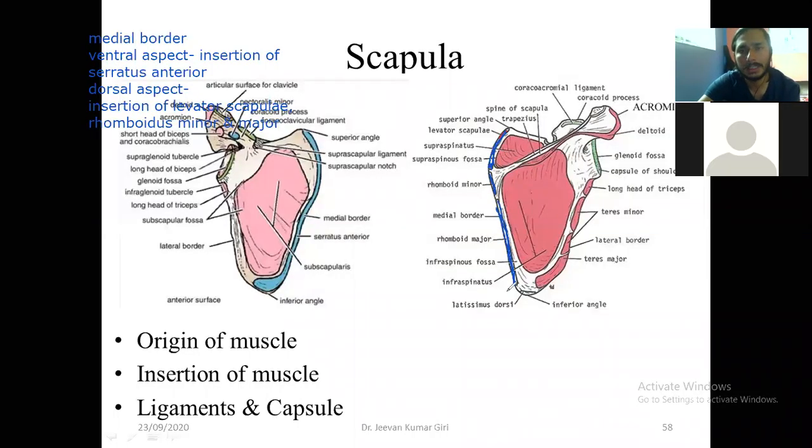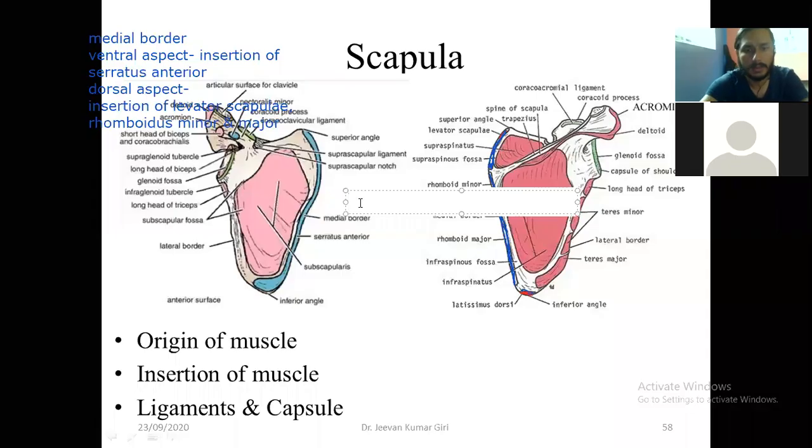Now we'll see the muscles in the inferior angle. In the inferior angle, you will see one muscle taking origin from here. That is the latissimus dorsi muscle. So that lies on the inferior angle. Just write the inferior angle and write the latissimus dorsi.